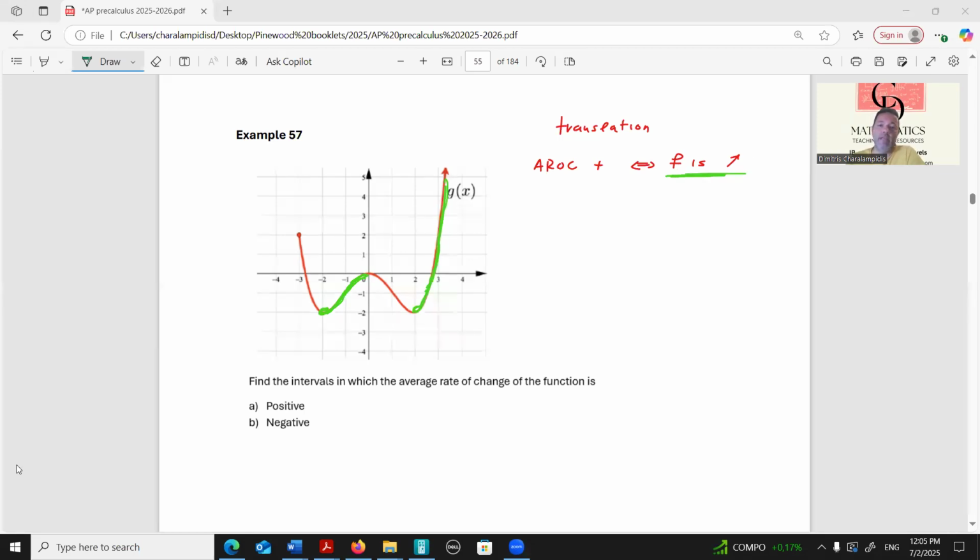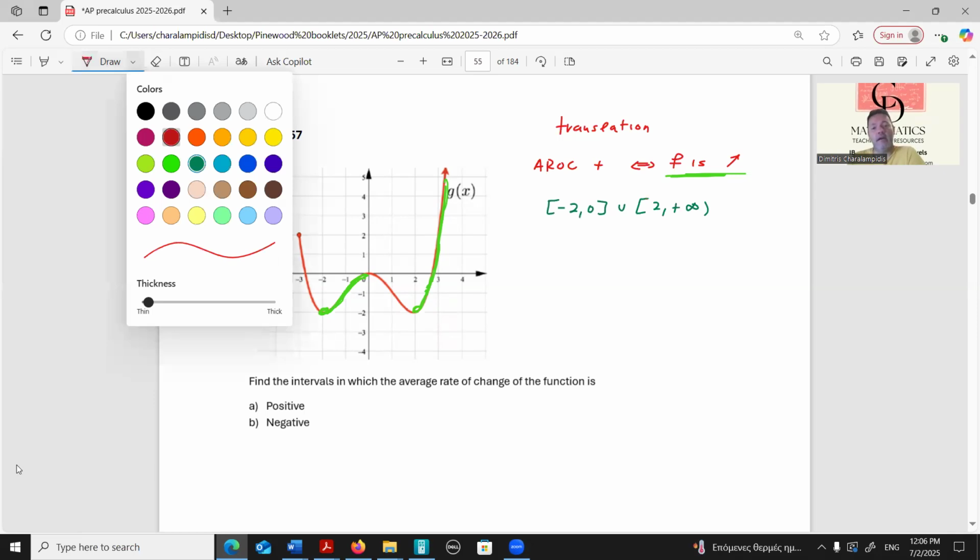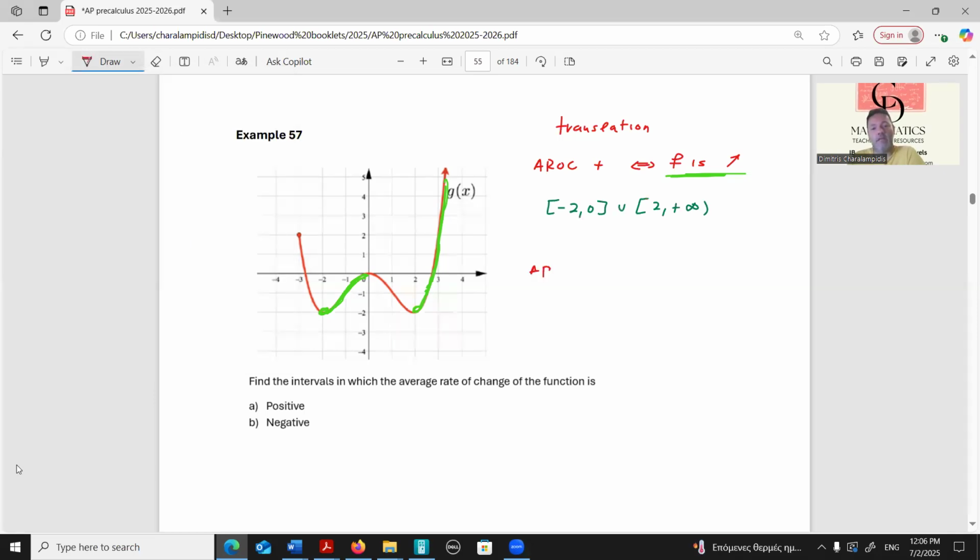So we need the intervals. Let's make them closed intervals: [negative 2, 0] union [2, plus infinity). Similarly, the average rate of change negative means that f is decreasing.